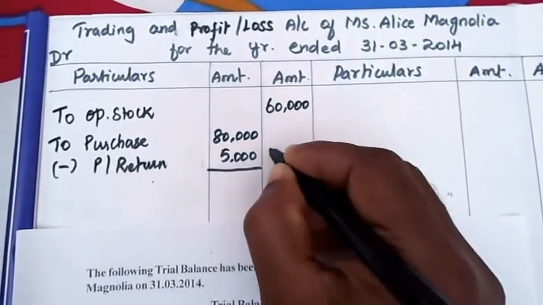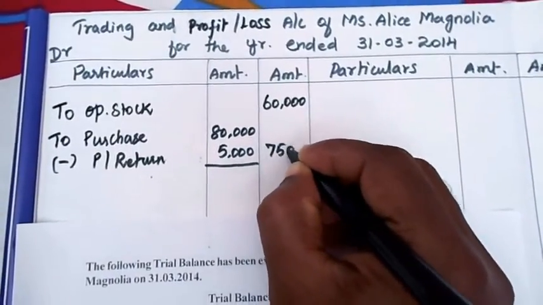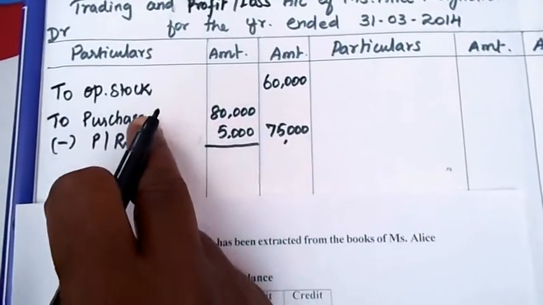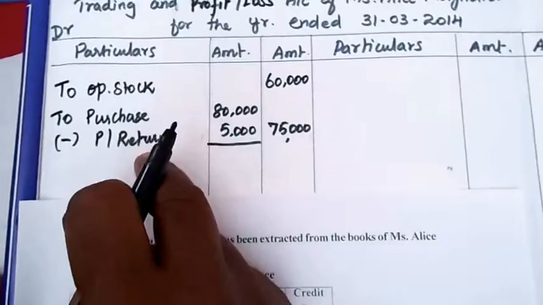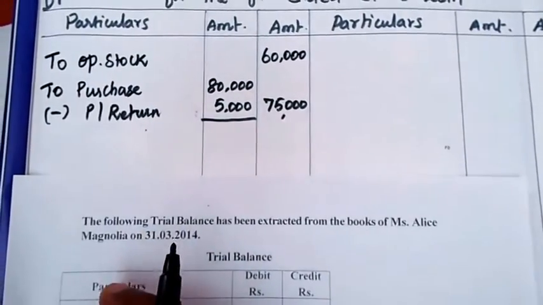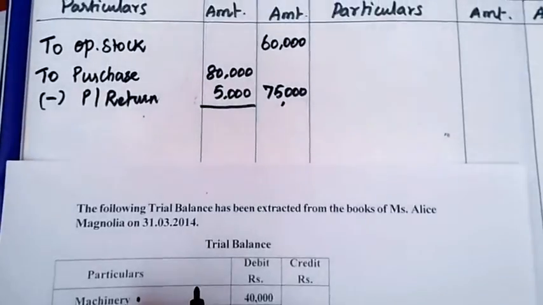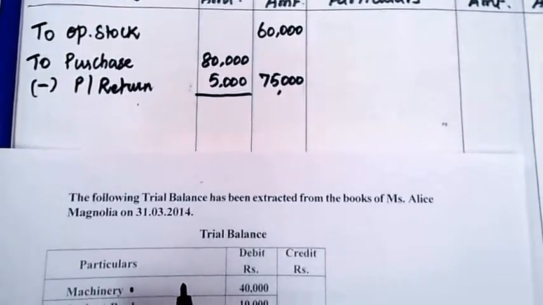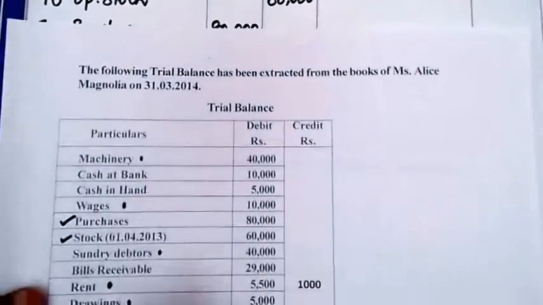Balance 75,000, enter in the outer column. So debit side starts with opening stock and additional purchase made during the year, less returns if any. And next, see if there is any other expense which is directly involved in the production process, that is called direct expense.